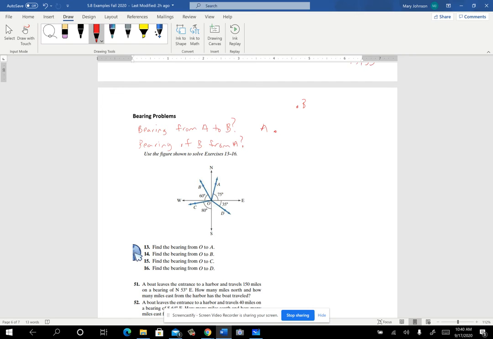When we're talking about these bearing problems, they have a similar form. They're going to look like this. You'll put either north or south, so you tell somebody whether they have to go north or south. Then you'll put the degrees from the north-south line.